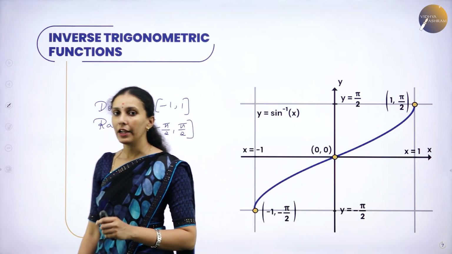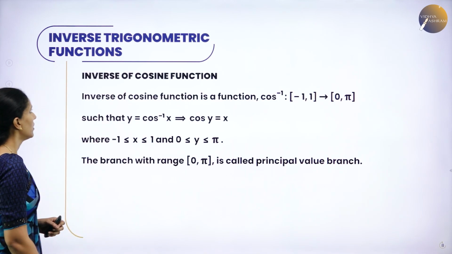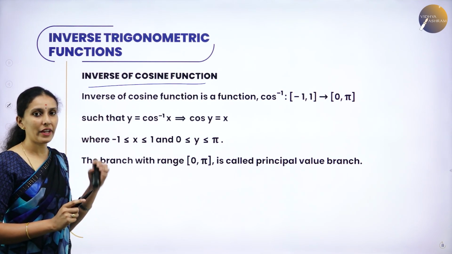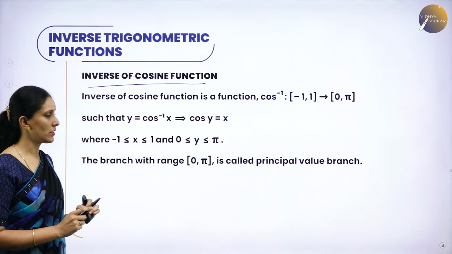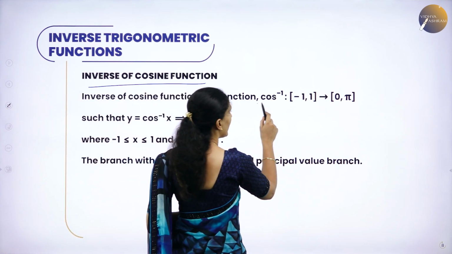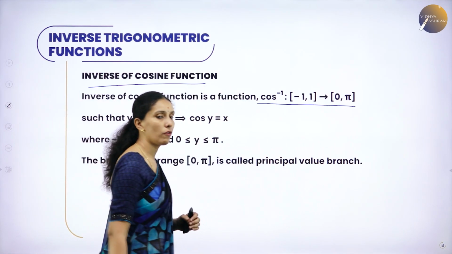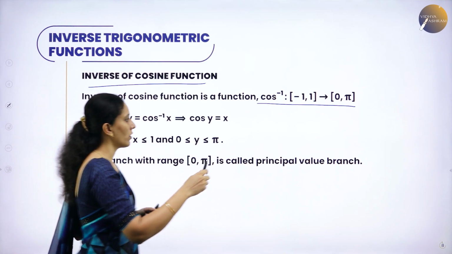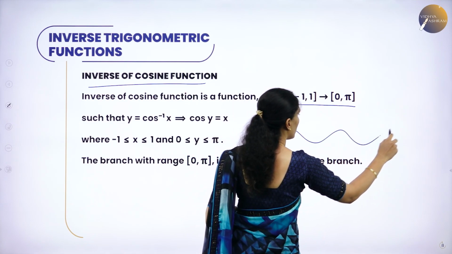Now let's see the inverse of the cosine function. It is similar to what we defined in the case of sine inverse. So cos inverse is a function from minus 1, 1 to 0, pi. We know the graph of cos, it is also continuous like this.